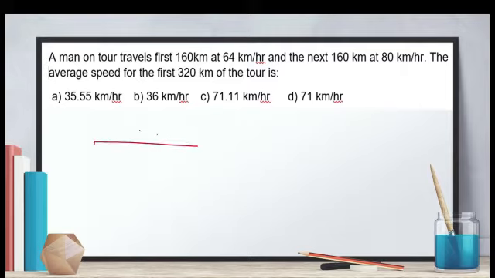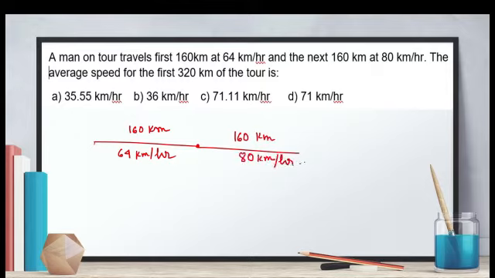So first 160 kilometer, the speed is 64 kilometer per hour, and then again 160 kilometer at 80 kilometer per hour. Okay, what is the average speed?